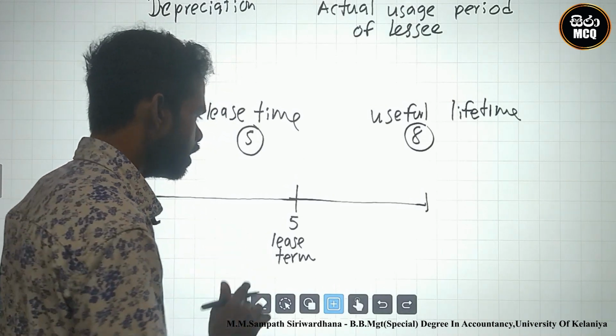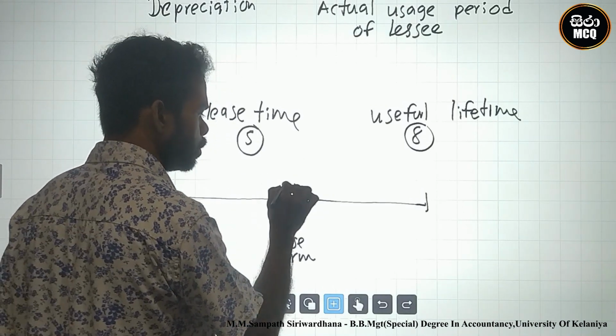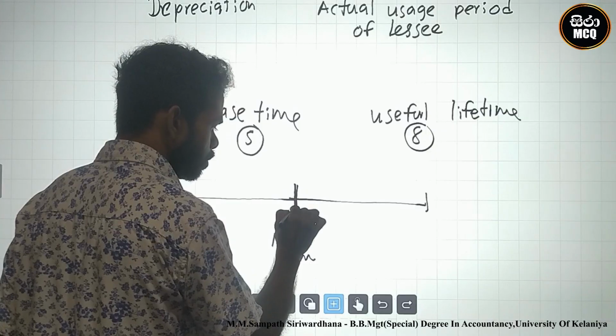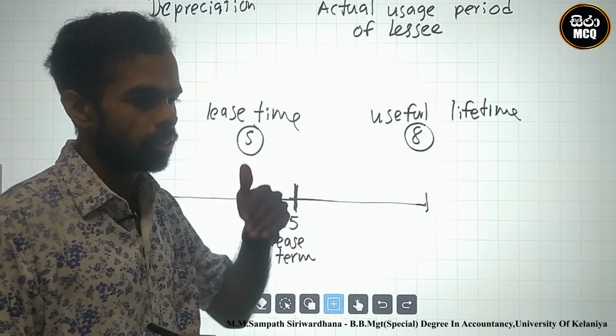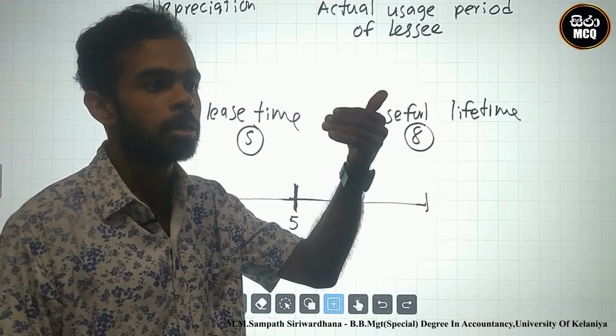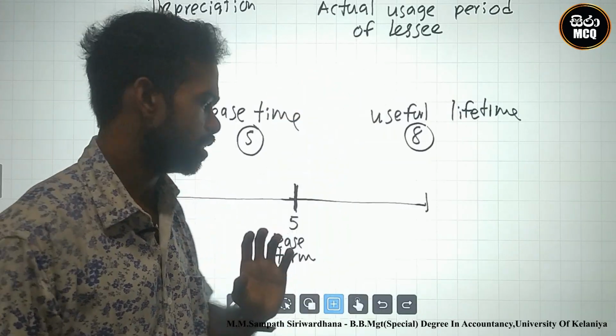Okay, after that there are two options. We can give this asset to the lessor, meaning the selling person.